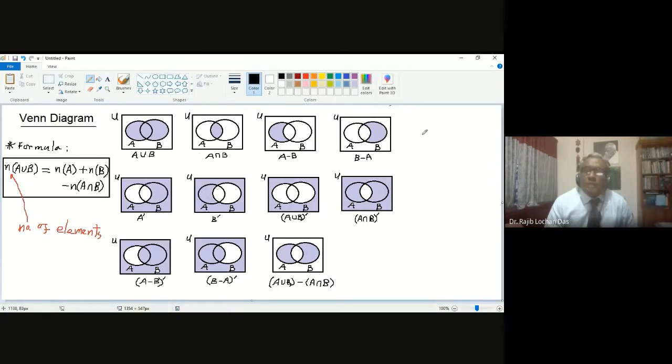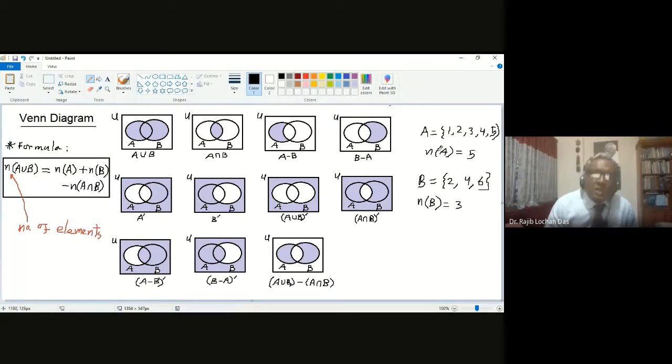Number of elements means how many. So if you have A equal to 1, 2, 3, 4, 5, then the number of elements in A is actually 5 because you have 5 numbers. If you have B like 2, 4, 6, then the number of elements in B is actually 3 because there are 3 elements in this set.